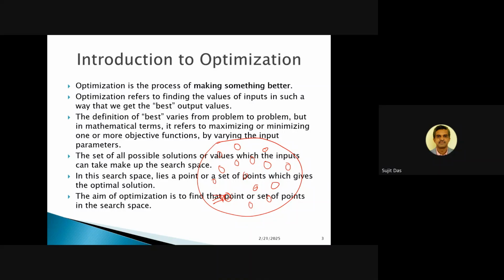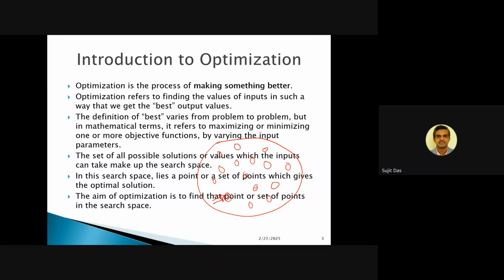You can change the sequence of the cities. If you change the sequence of the cities, then obviously the objective function value will be changed. So cities are the parameters for your traveling salesman problem.